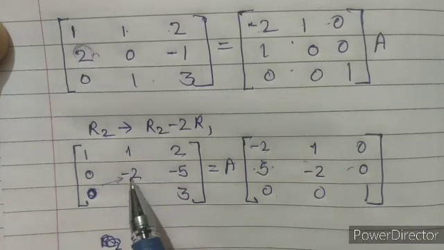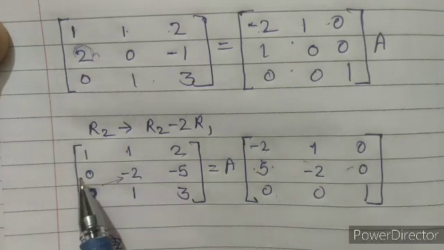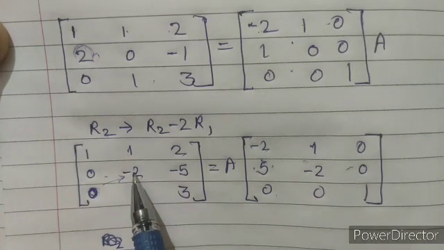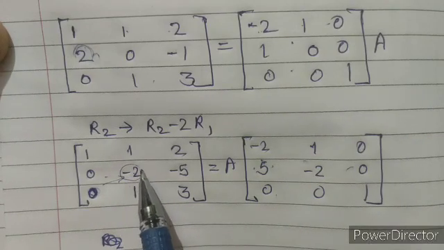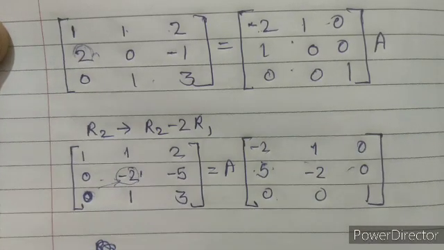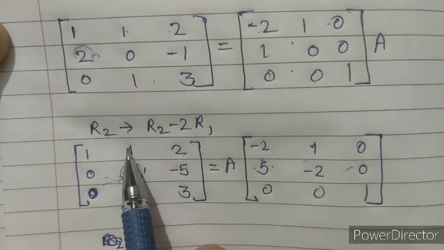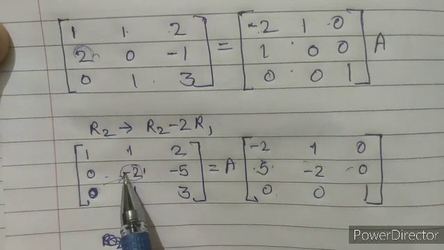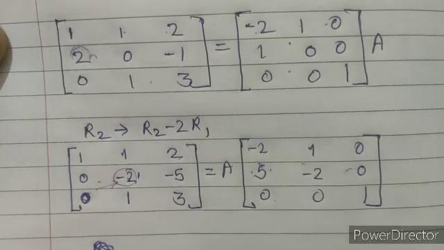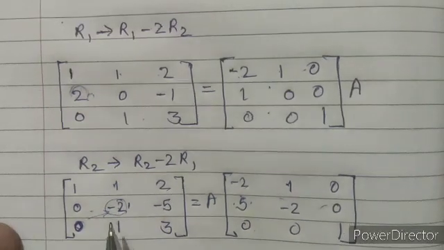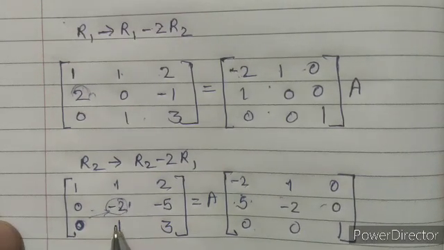Now next step is we have to change the second element of row 2. Now this is minus 2 here, so in place of minus 2 we need 1. That means this will be done by interchanging the row 2 by row 3.